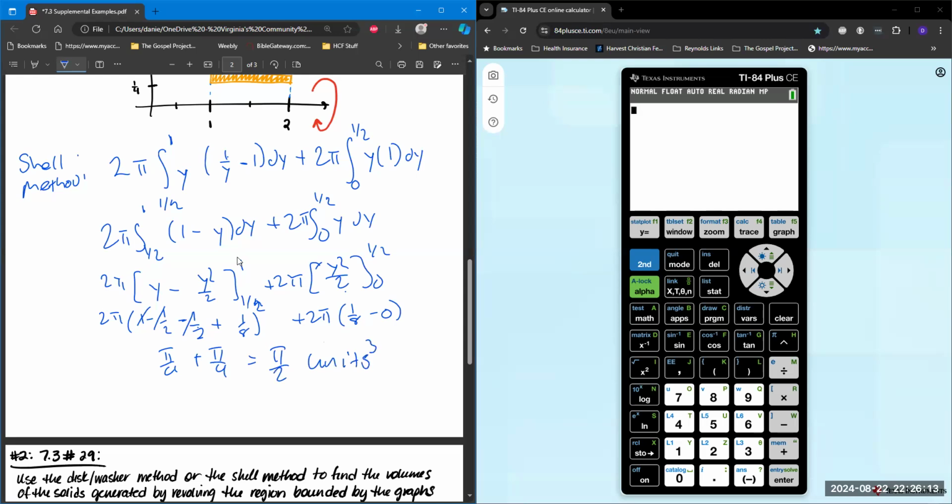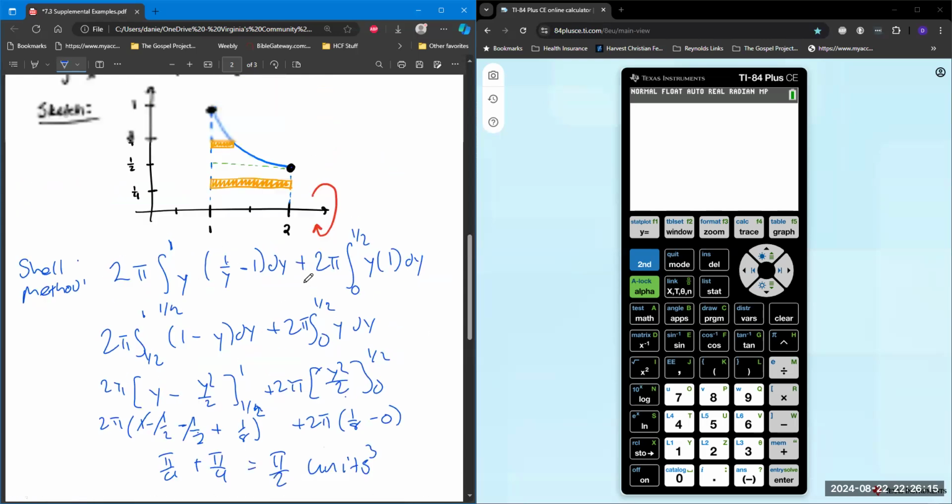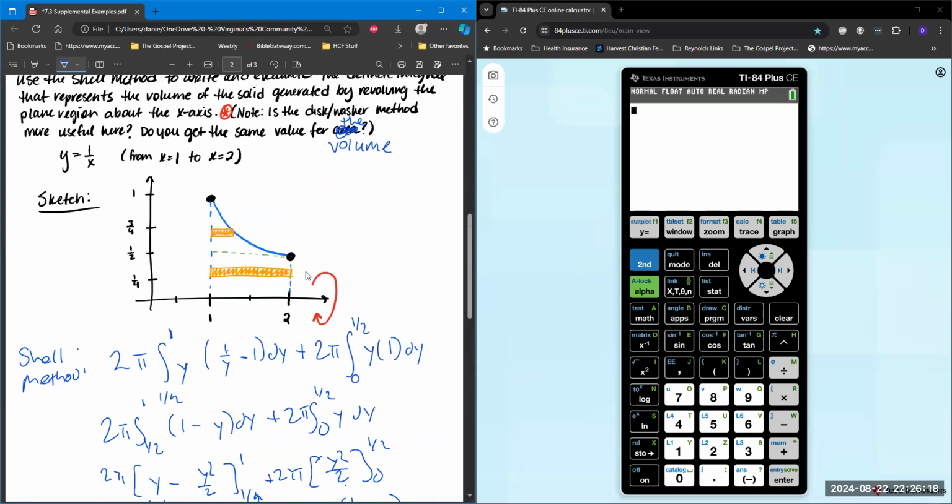That's what I wanted. All right, now let's do it instead with the disk method here. Should be easier.